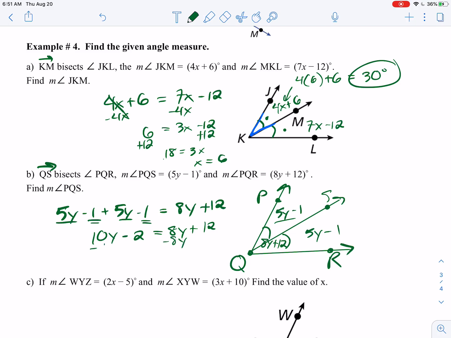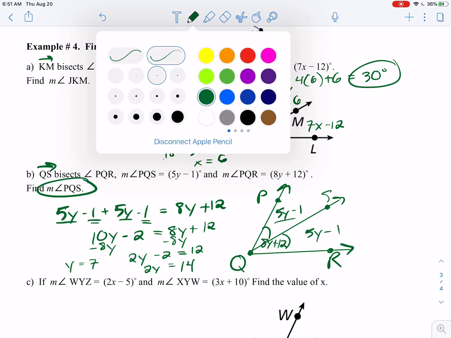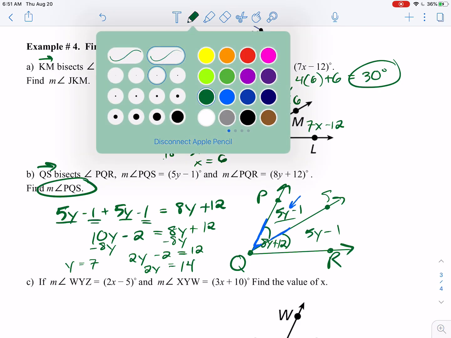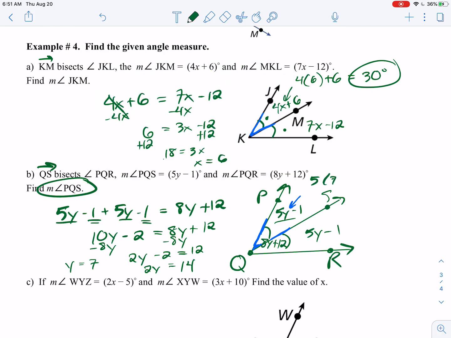Isolate your variable. And we get y equals 7. We want to know the measure of PQS, which is this angle right here. So let's plug that 7 right in here for y. 5 times 7 minus 1 gets us 34 degrees.